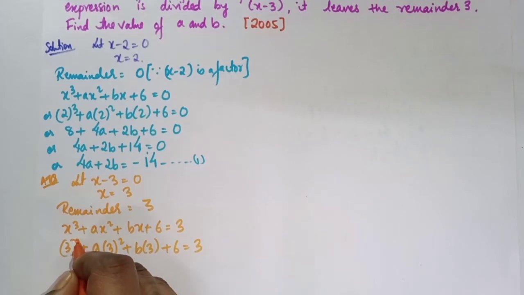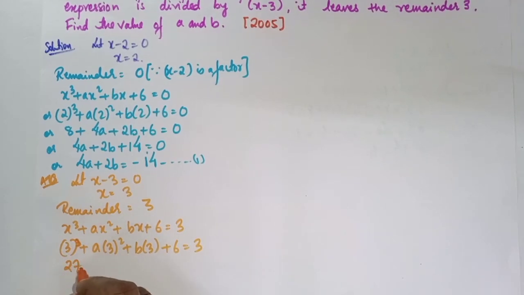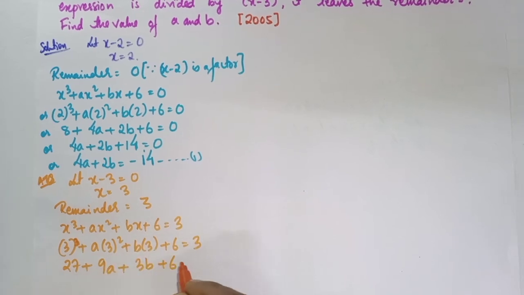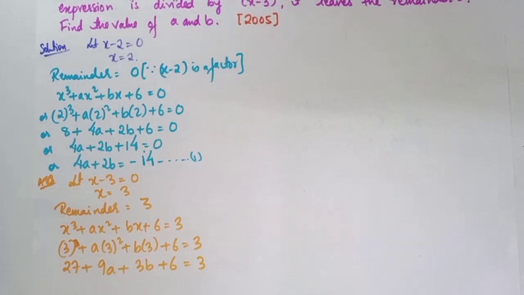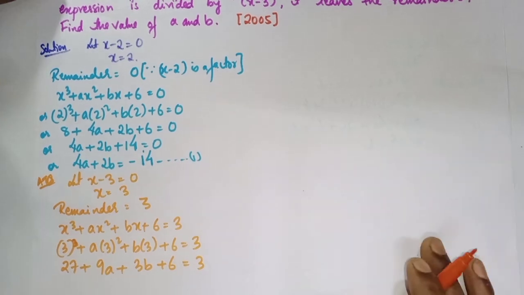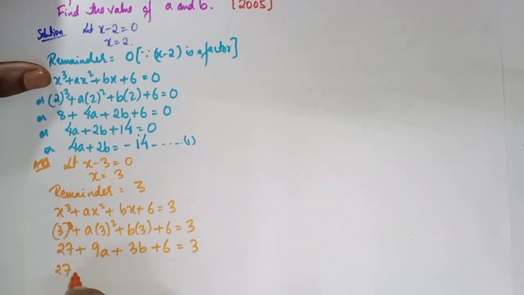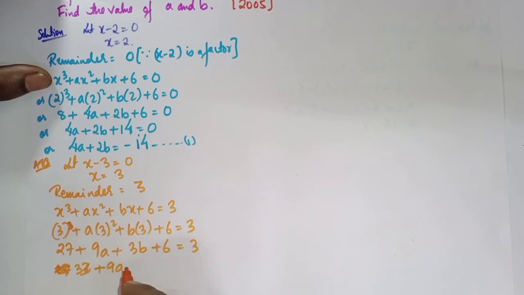Now 3 cube will be how much? 3 into 3 into 3, 27, plus 3 square is 9a, plus 3b plus 6 equals 3. Now I have to form the standard form. So it will be 27 plus 6, that is 33, plus 9a plus 3b equals 3.